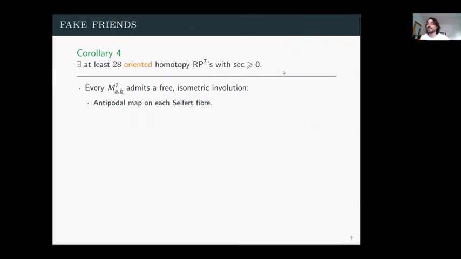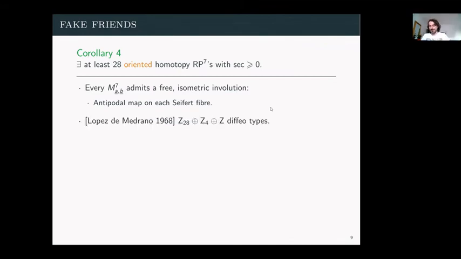So this involution, you can think of it as being the antipodal map on each of the S3 fibers. So if you think about the S3 bundles over S4, this is the antipodal map on the S3. If you track through how we construct the manifolds and think about it hard enough, you can actually see that it really is just this antipodal map.